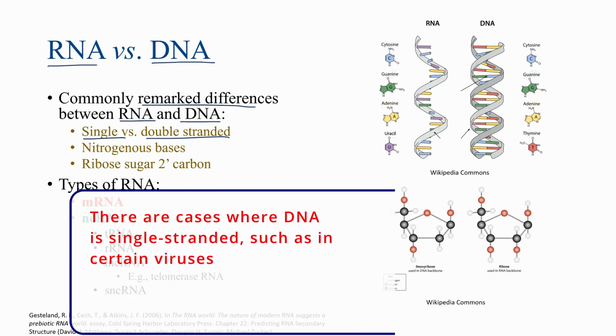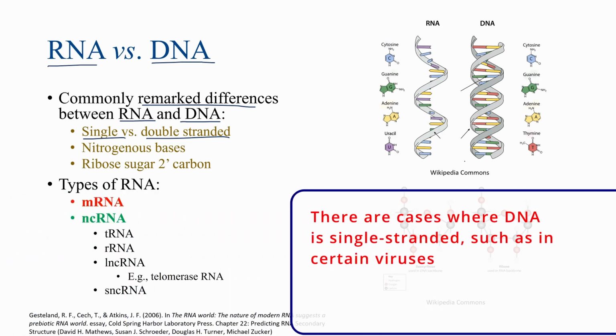Of course, based on the central dogma of biology, we understand that DNA will produce RNA via transcription. There are different types of RNA, including messenger RNA and non-coding RNA, which has various other subtypes. And we think of RNA as a single-stranded sequence, whereas DNA as a double-stranded sequence.